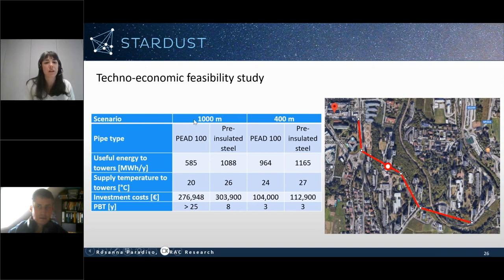One scenario is the towers considering a distance of 1 kilometer from the COP Superstore, and for this scenario 2 types of pipe. So the PEAD 100 is at the nominal diameter of the pipe, and the pre-insulated steel pipes.